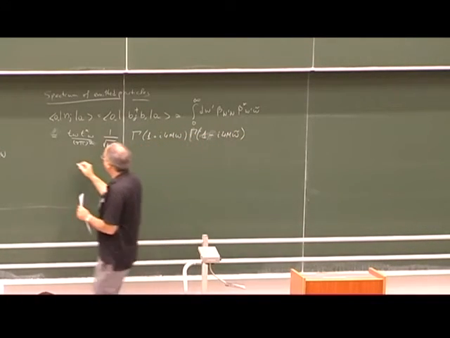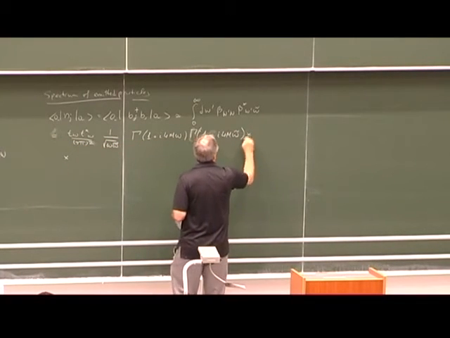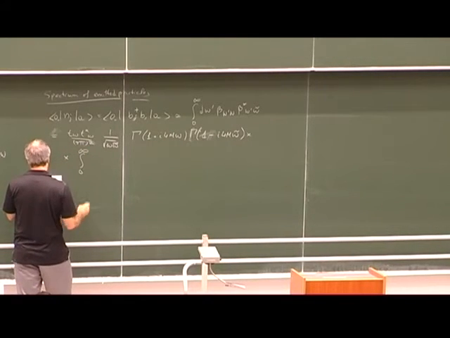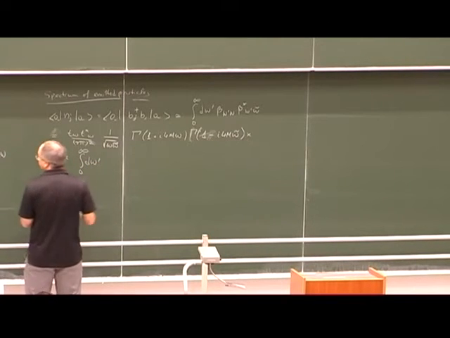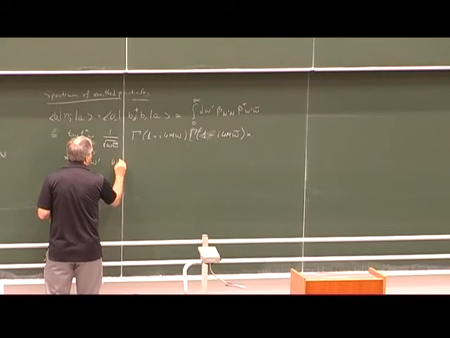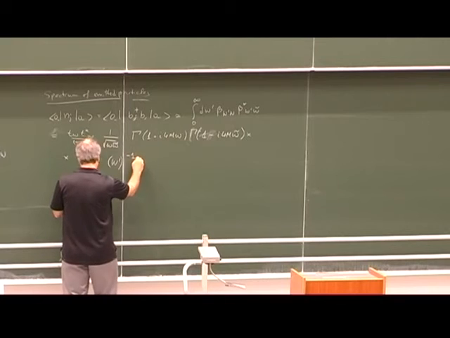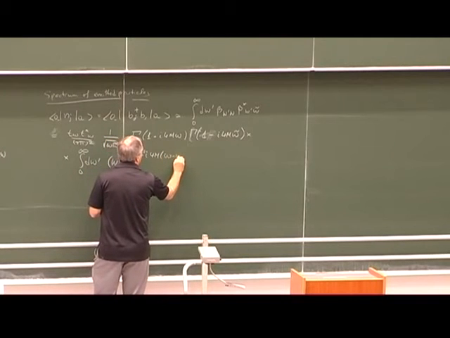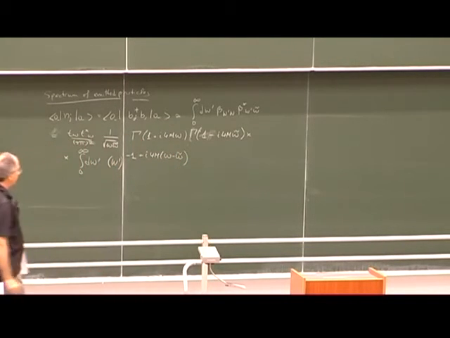And then the important integral, 0 to infinity, d omega prime. So you see, it's only these factors that come in. So it's omega prime to the minus 1 plus i for m omega minus omega tilde.